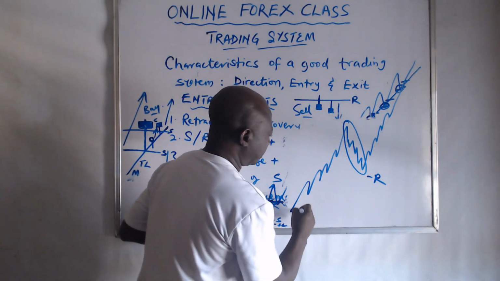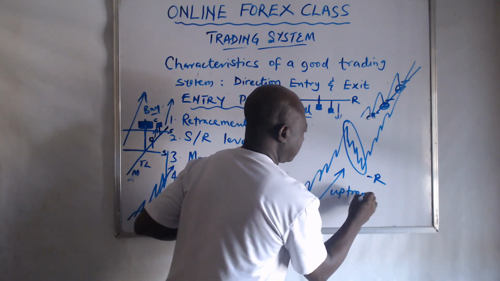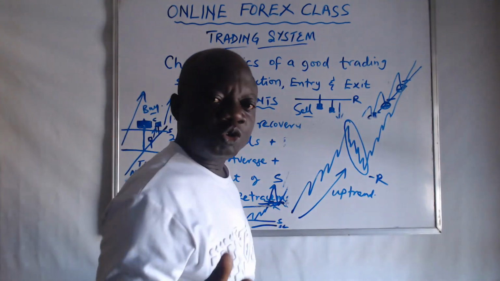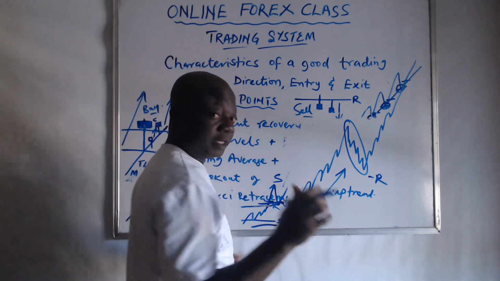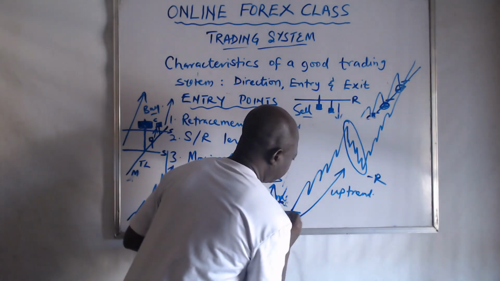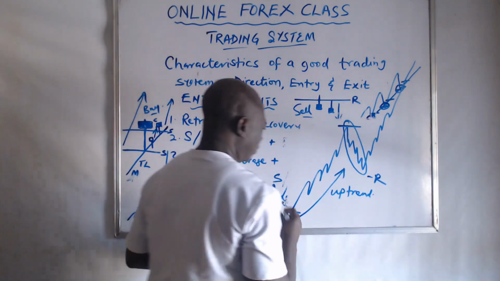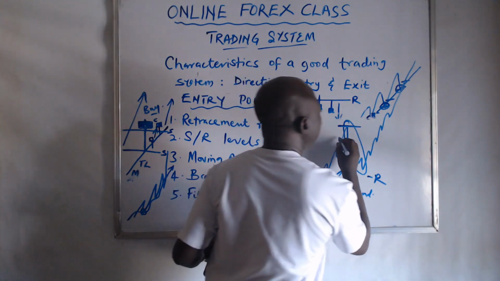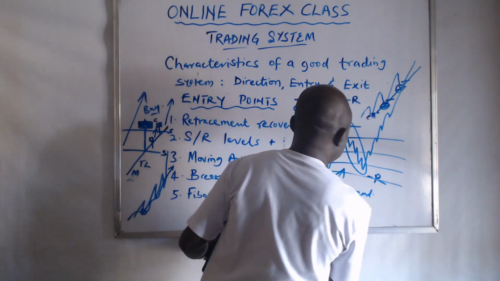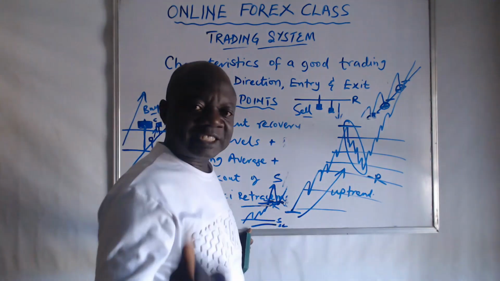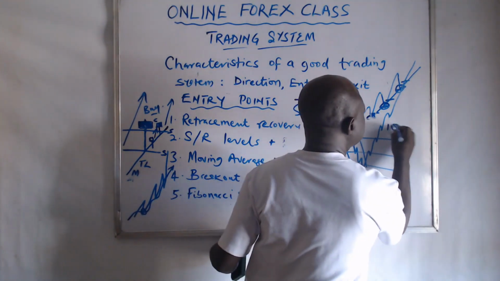Now this is the trend, upward trend. So you now draw your Fibonacci retracement, the forward retracement from this point up to this point. So when you draw it, it now gives you lines like that. The lines start from 0 to 100.